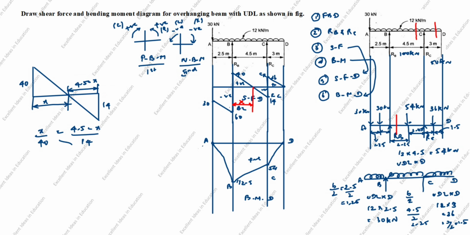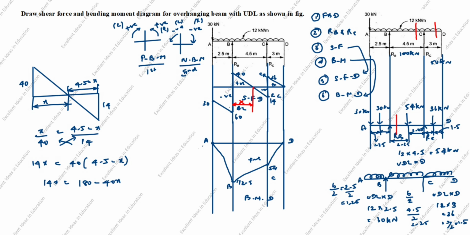Next, cross multiply. 14X is equal to 40, open the bracket, 4.5 minus X. 14X is equal to, multiply inside the bracket, 40 into 4.5 is 180 minus 40X.